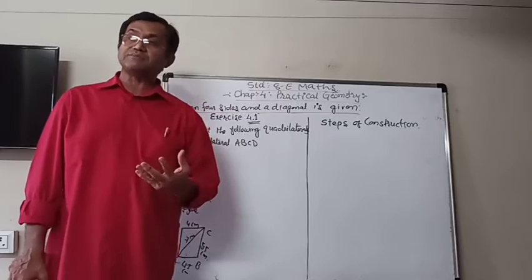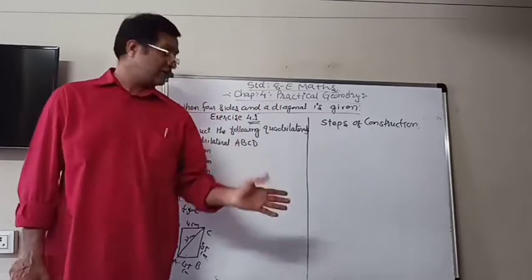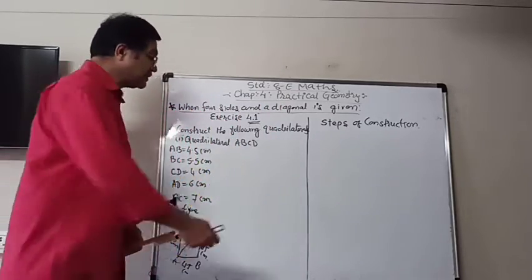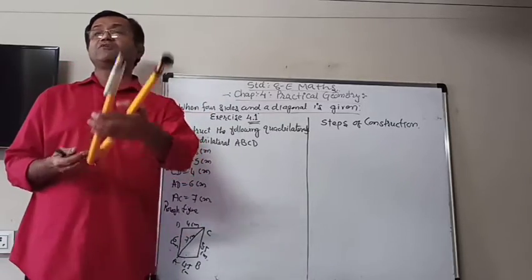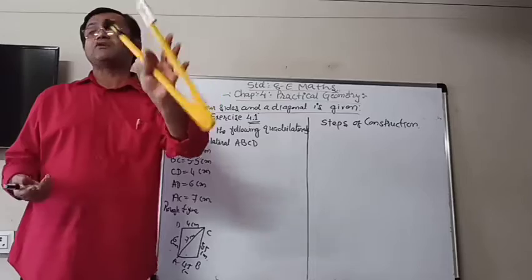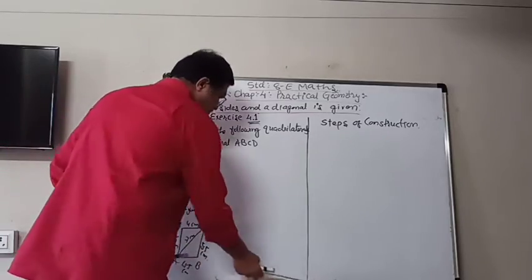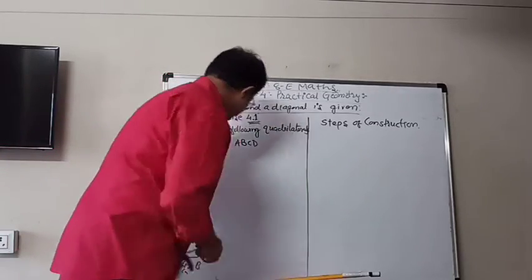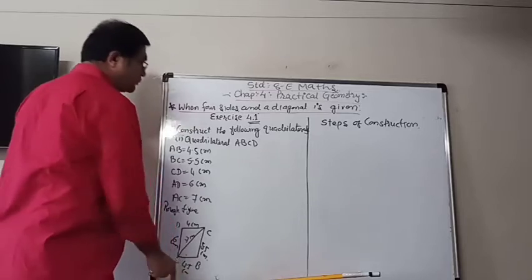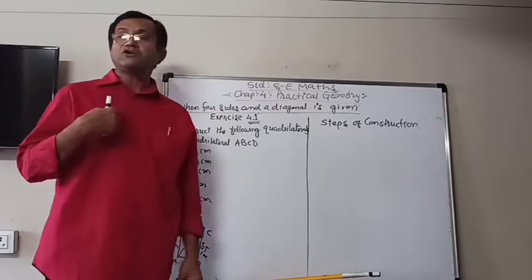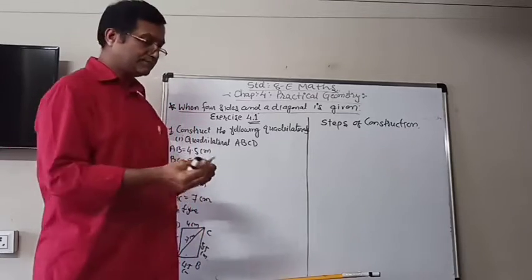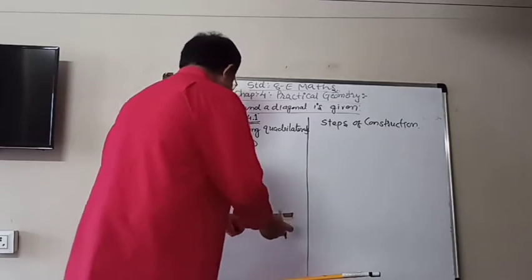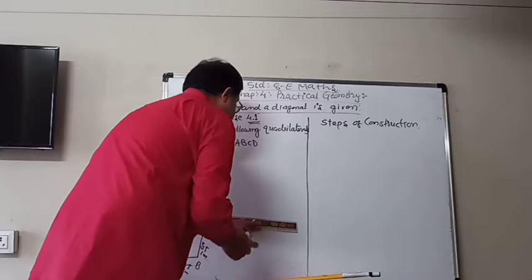But I am taking bigger so that it will be visible. Otherwise it is not convenient for my big compass also. So first of all, I will draw the base. Base AB is 4.5, so I will take 18 centimeter. So first I will take a line segment of 18 centimeter.